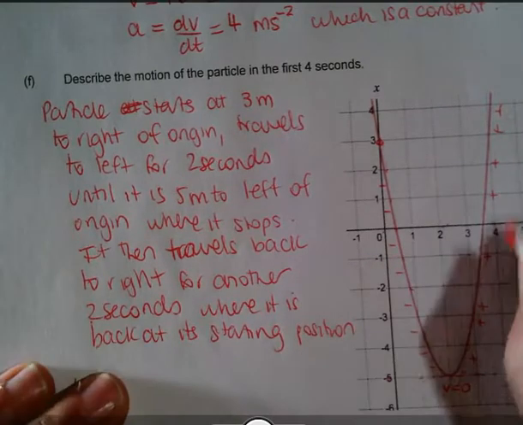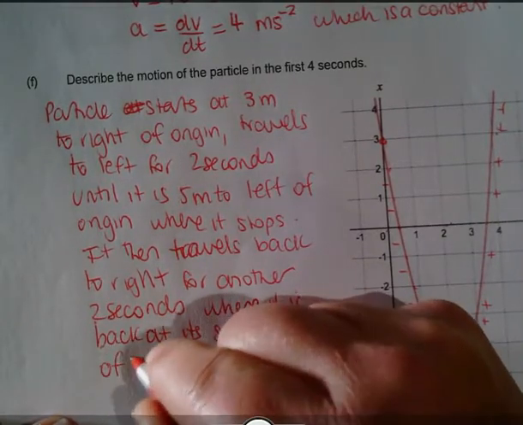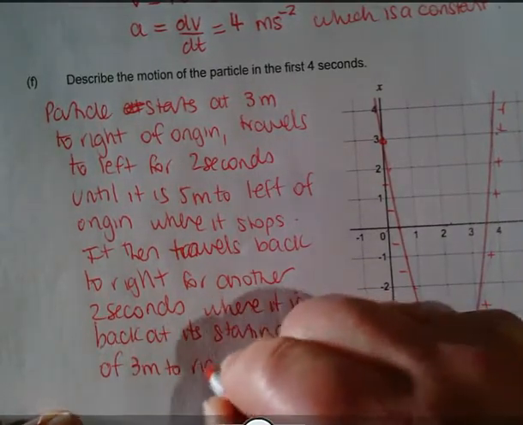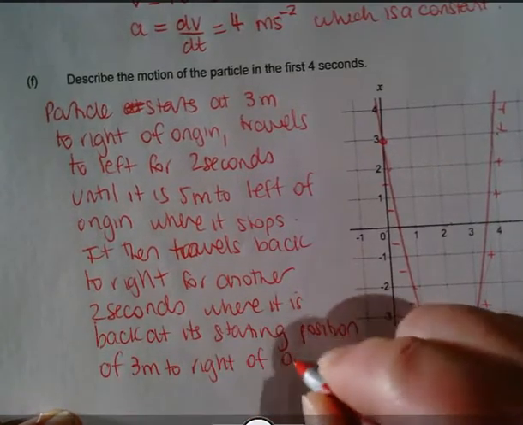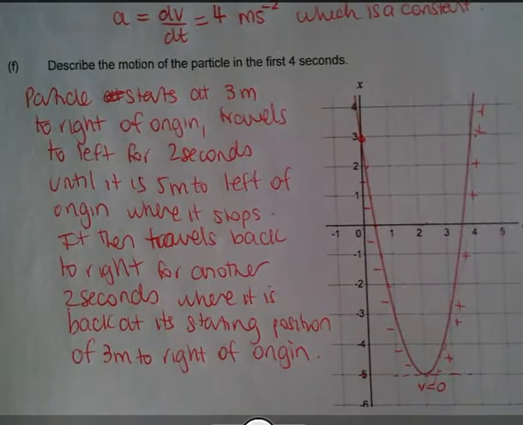Because at time is 4, it's back at x is positive 3. So it's back at its starting position of 3 meters to the right of the origin. Okay, so that's the motion of the particle.